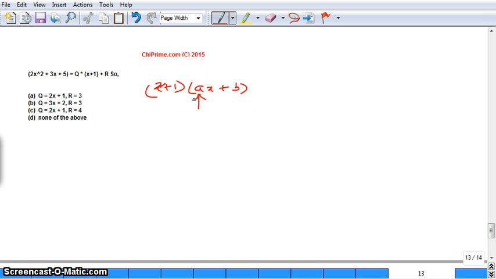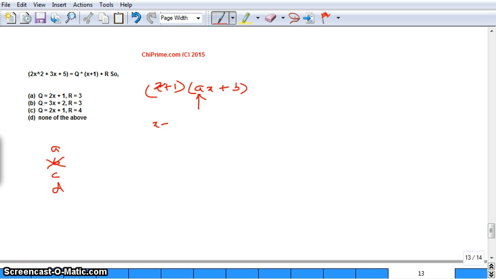Because you want 2x squared. So that eliminates option b, because b has 3x plus 2, and x times 3x would be 3x squared, whereas we want 2x squared. So that still leaves options a and c, right? And d, well, we'll see.